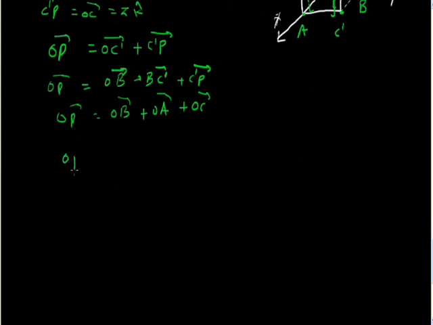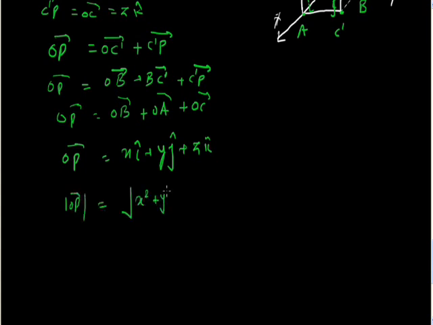Finally, the OP vector is x i cap plus y j cap plus z k cap. Now the magnitude of the OP vector is the square root of x square plus y square plus z square.